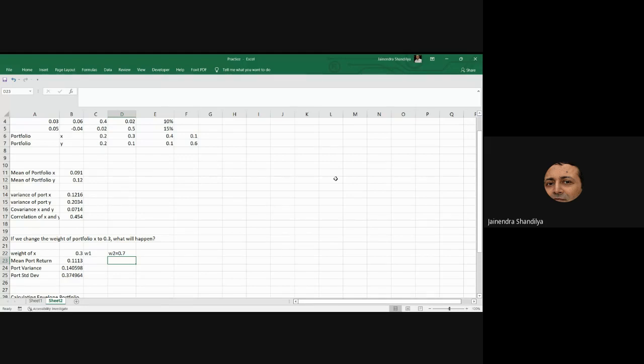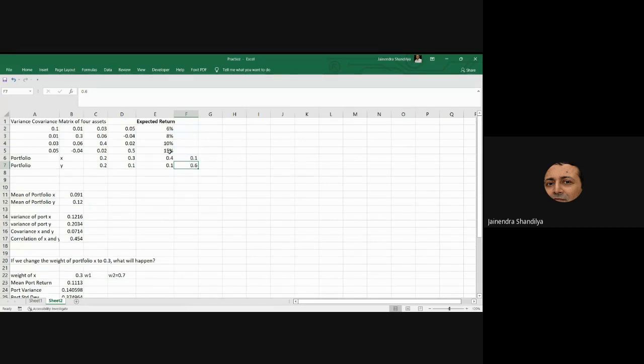Good that you pointed this out. We are using portfolio Y, which is substantially 70% of the portfolio, and portfolio Y is heavily weighted in asset 4, which is 60%. Because the return of that asset is 15%, obviously its standard deviation must also be high, if you go by the capital asset pricing model.